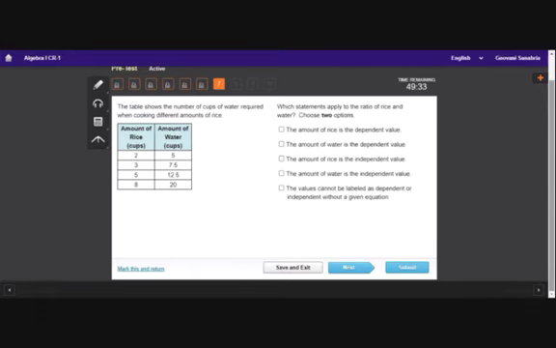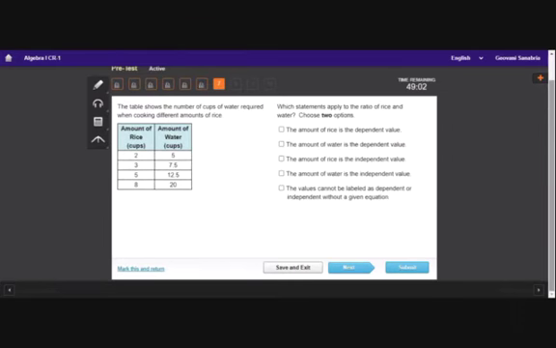So that means the rice, you can choose whatever rice that you want. And depending on how much rice you have, that decides how much water you need to use. So the rice is the independent value. It could be whatever you want, but the amount of water is the dependent value because the amount of water that you use depends on the amount of rice that you're using.